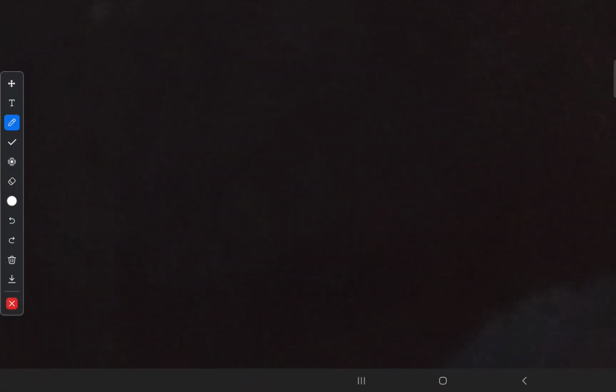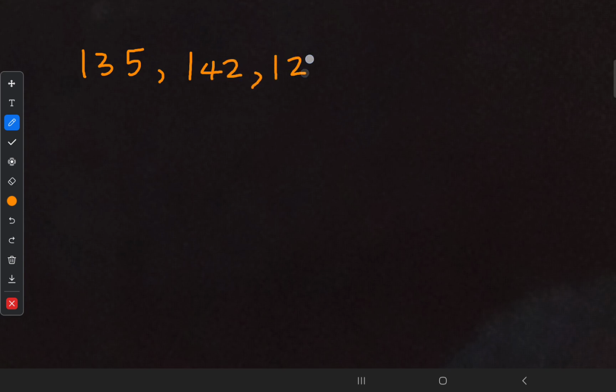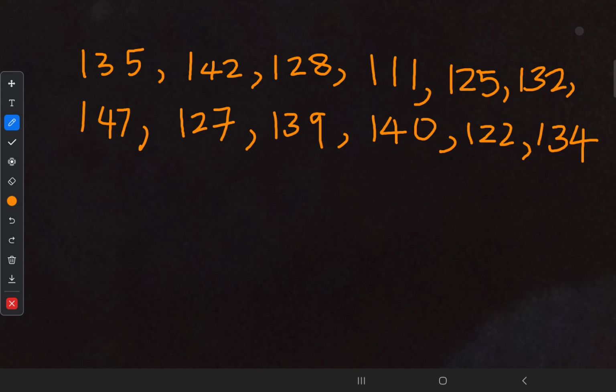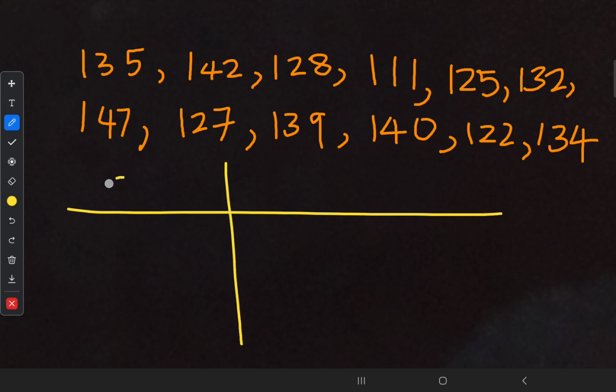Next, when we deal with higher numbers, such as 135, 142, 128, this is the given data. In this data set, we are going to indicate the data in a stem and leaf graph.